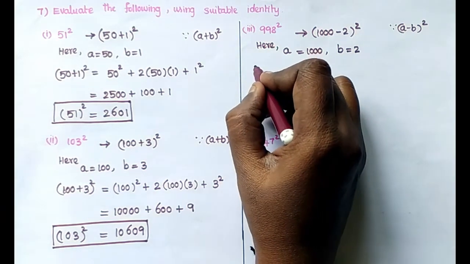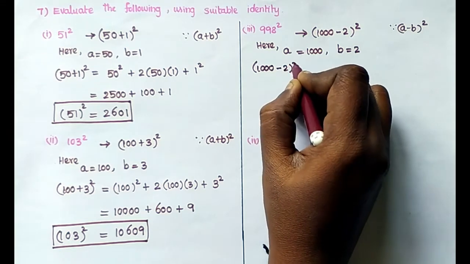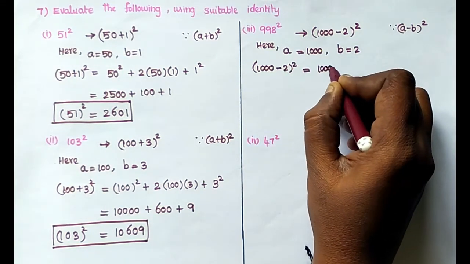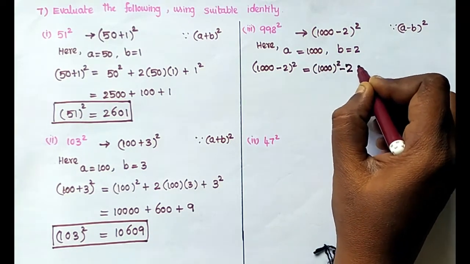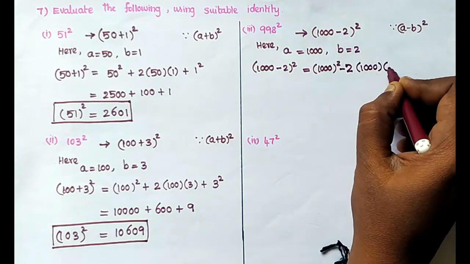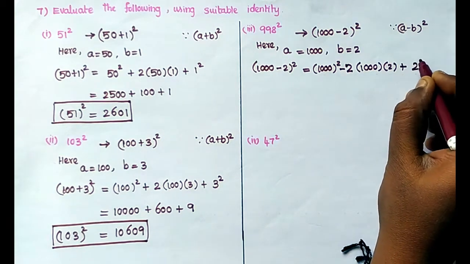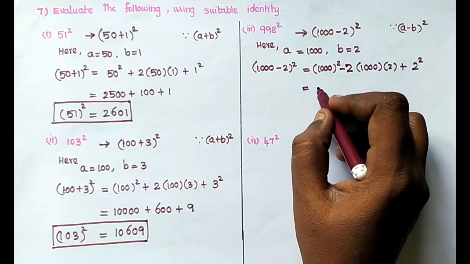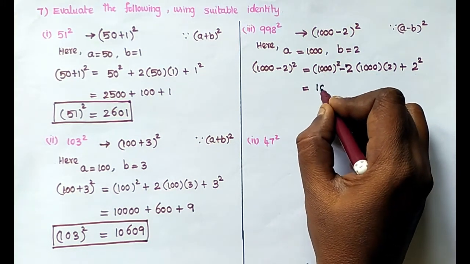Now apply this. (1000 minus 2) whole square is equal to a squared, that is 1000 squared, minus 2 into a into b, plus b squared. Now 1000 squared, that is 10 lakhs.